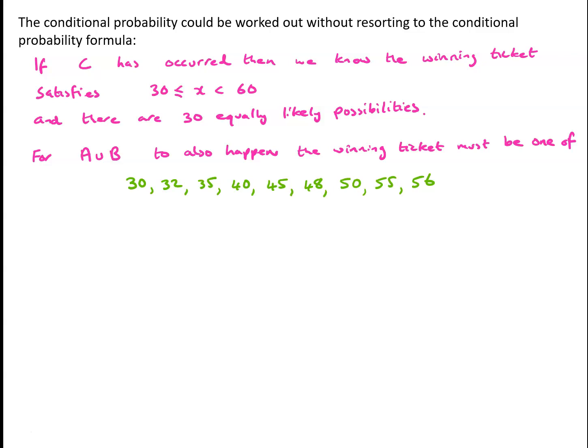So we've got 9 possibilities out of 30. So the probability of A or B, given that C has occurred, is 9/30ths.